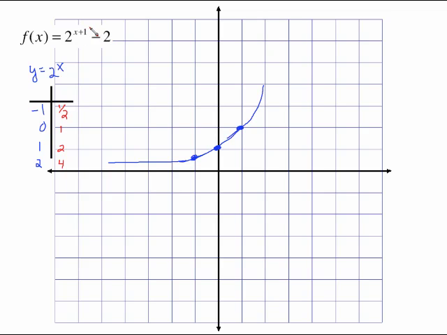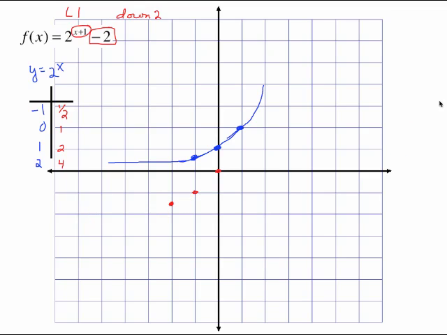This function right here tells me two things. It tells me this needs to go to the left 1, and this right here tells me it needs to go down 2. So each point is going to move that way, to the left 1 and down 2, to the left 1, down 2, to the left 1, down 2, and you can see this curve would look something like this.